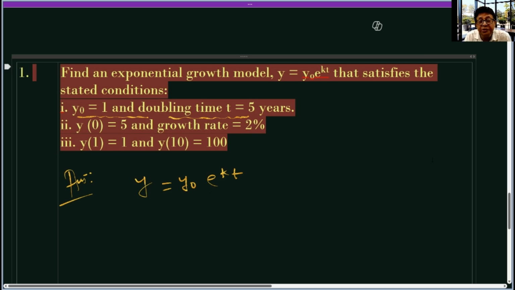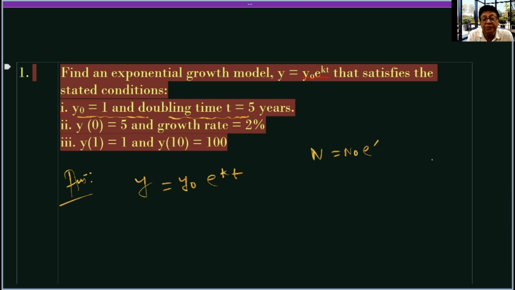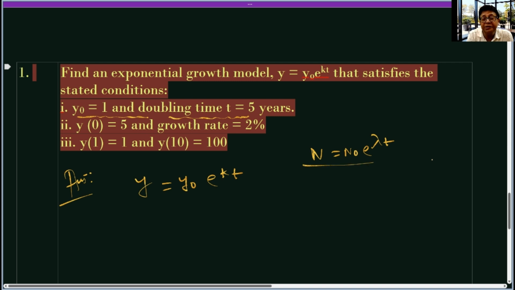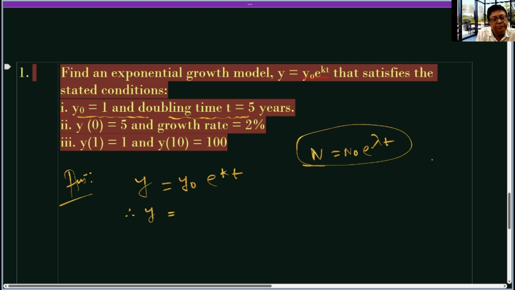Growth model, this equation we got in this form: N equal to N0 e to the power lambda into t, or k into t, whatever you see. K or lambda, sometimes I mix up. K is given here. Given y0 equal to 1.